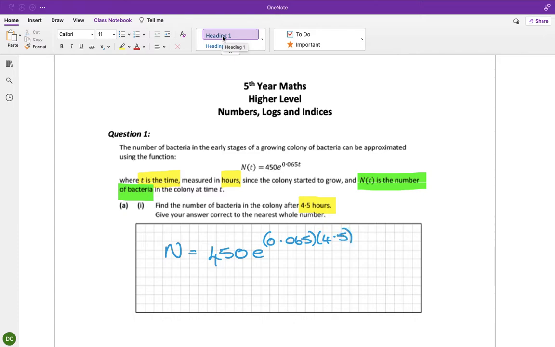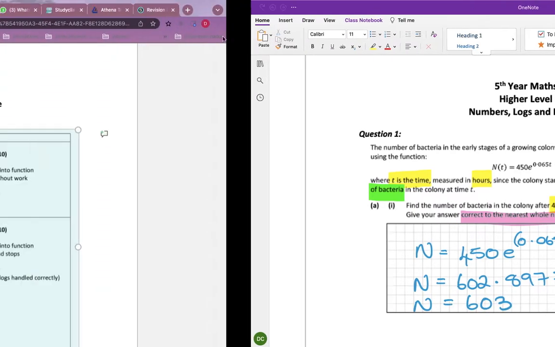Typing that into my calculator, multiplied by 450, I'm getting 602.8977, and it says correct to the nearest whole number, so 603 bacteria in the colony.